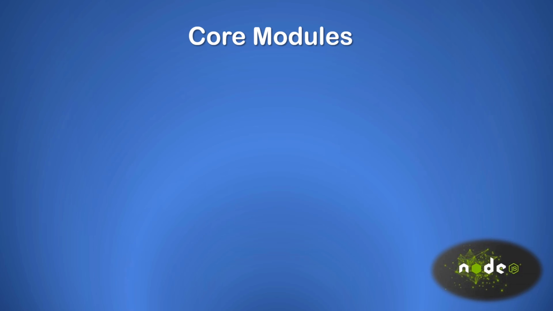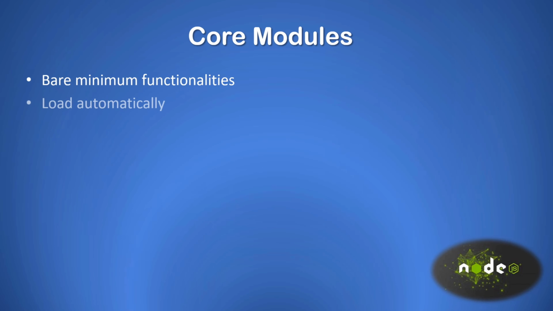Let me explain first what a core module is. Even though I gave brief details about core modules, let me go in depth and help you understand them. Node.js is a lightweight framework, as you know, and it has core modules, which are inbuilt modules with the very minimum functionalities required for Node.js.